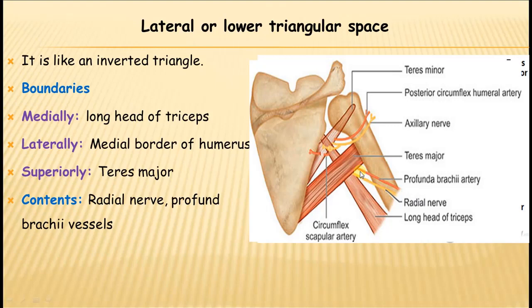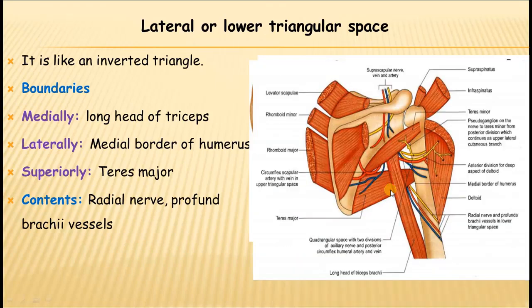Profunda brachii artery is actually a branch of the brachial artery. Both are on their way to enter into a groove on the posterior aspect of the humerus, the spiral groove or the radial groove. So that is the lower triangular space for you with the radial nerve and the profunda brachii vessels.